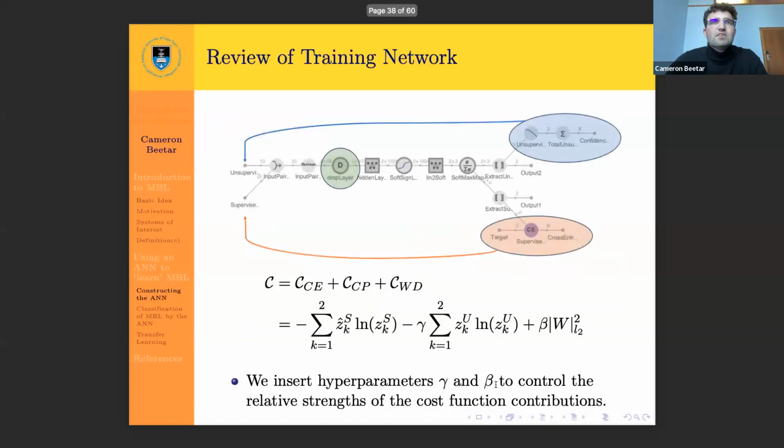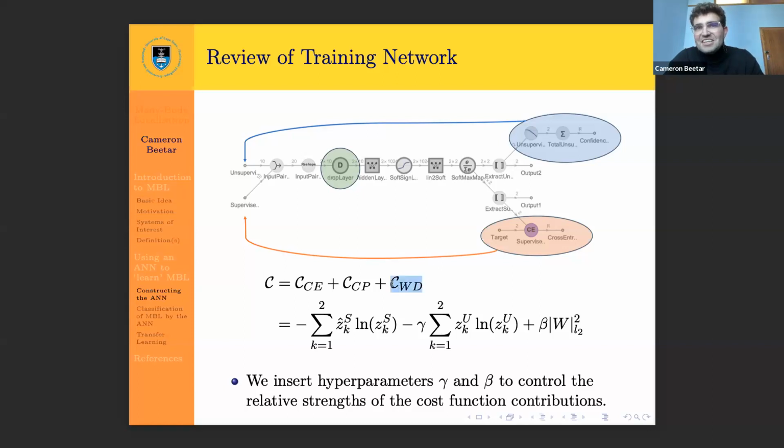Okay, so now we can see the full structure of the training network. There's an unsupervised input that contributes to a confidence penalty. The supervised input contributes to the cross-entropy cost function, the dropout regularization, and there's something I haven't spoken about, but there isn't quite time to, called weight decay.